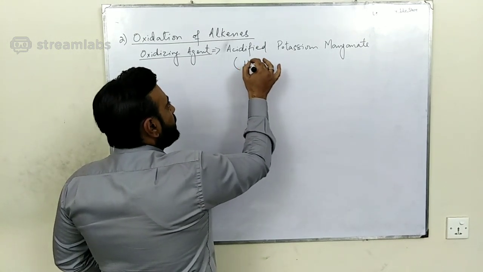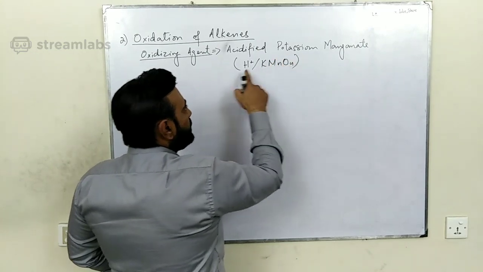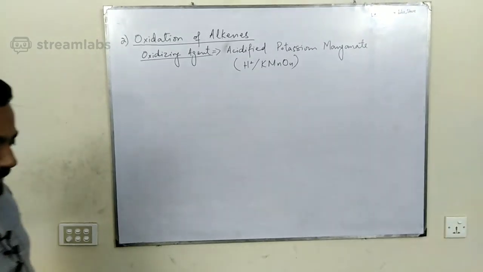We can represent it in formula form like this. This H positive means an acidic medium and KMnO4 is potassium manganate.